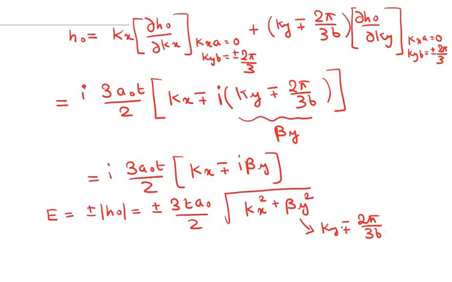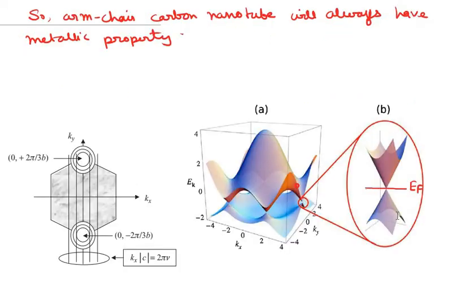Now another fine thing to note is that if we define a new wave vector along the ky direction by this term beta, where beta is basically ky minus plus 2 pi by 3b, then this energy is nothing but plus minus 3ta0 divided by 2 mod of capital K. Where this capital K is basically, let me go back to our previous image, a vector centered at this point over here.